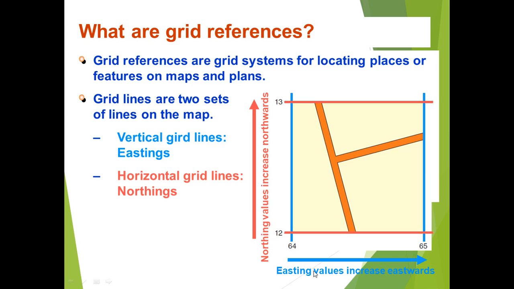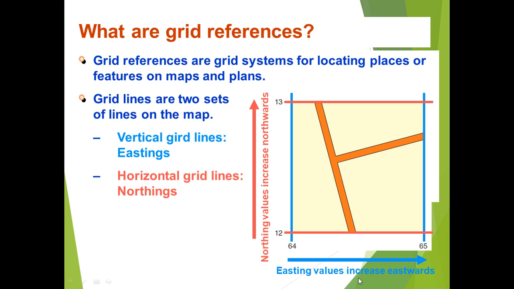Right now you can see the next line at the east side of 64 will be 65. You can also find 66, 67 at the east side, because the value of the easting increases eastward. If we are talking about the lines to the west, we would find the easting 63, then the easting 62 and 61.